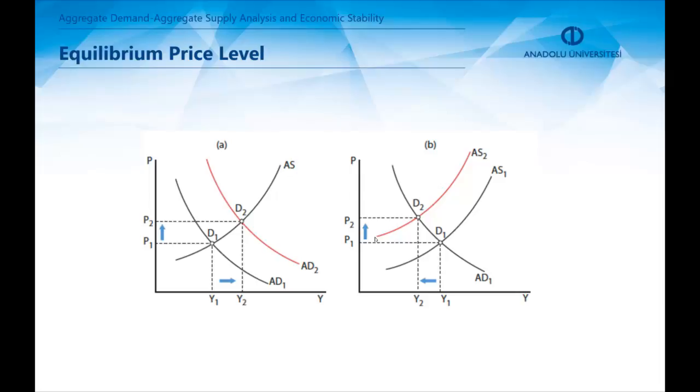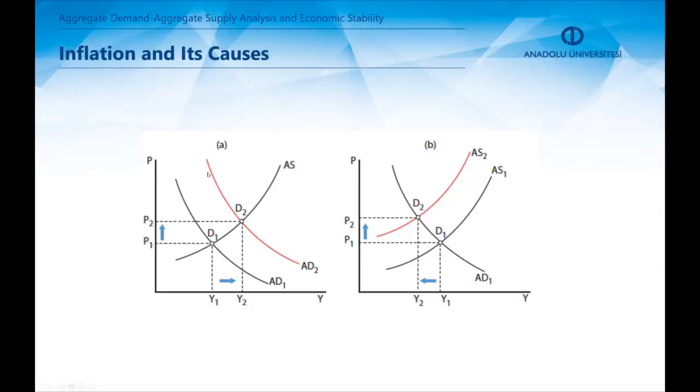You can easily show the reasons of inflation or economic growth in the economy. Okay. For example, when we use these curves again, we can easily understand the reasons of inflation.